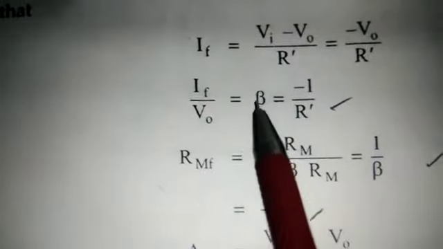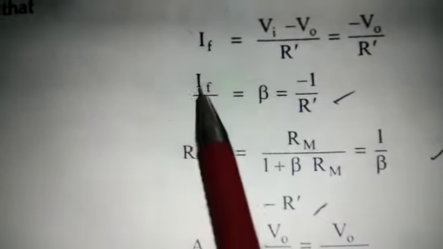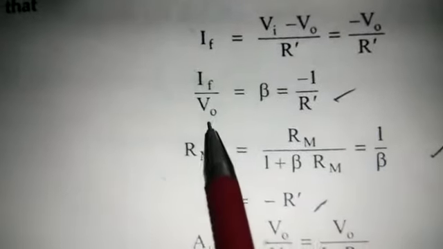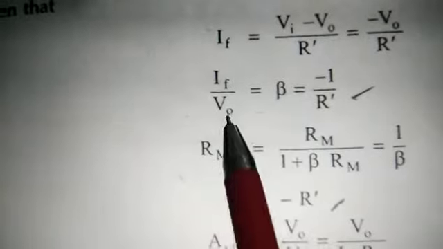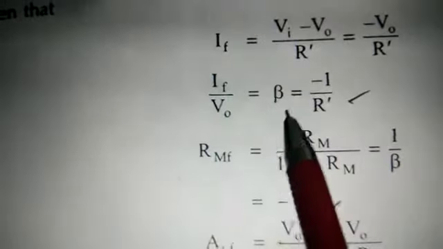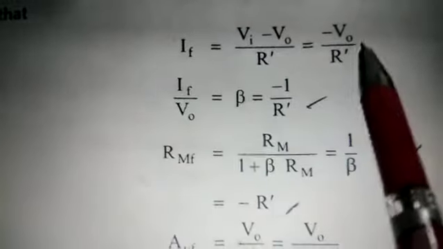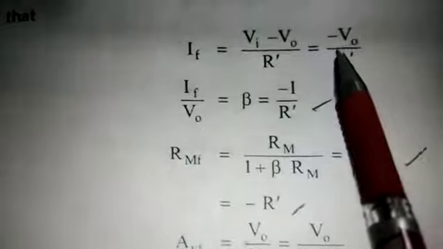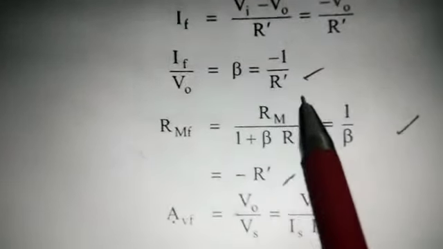Feedback factor means the output of the feedback circuit is the feedback current IF, and the input to the feedback circuit is the sampled output voltage V0. So IF by V0 is the feedback factor beta, and this beta is equal to minus 1 by R dash. From this you can calculate IF upon V0 is minus 1 upon R dash.